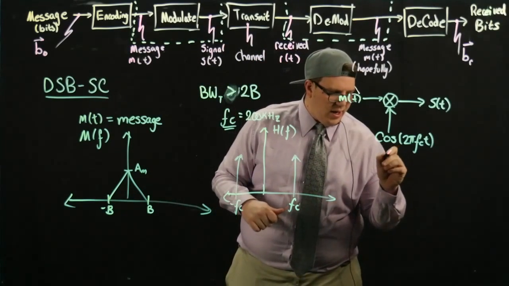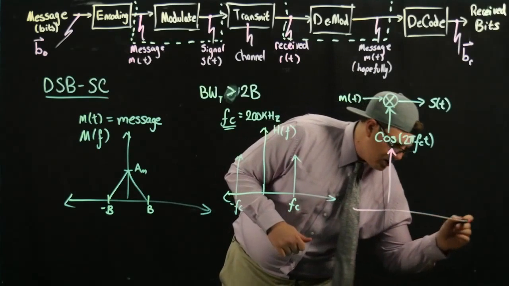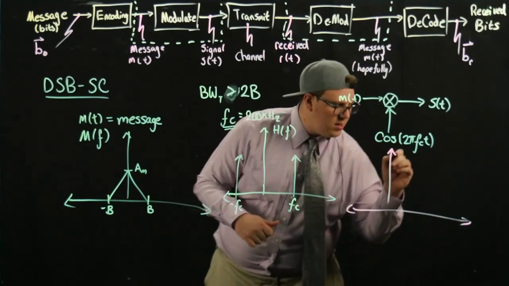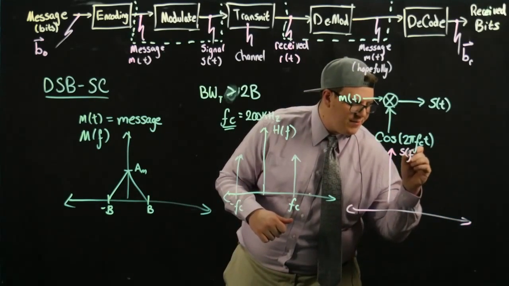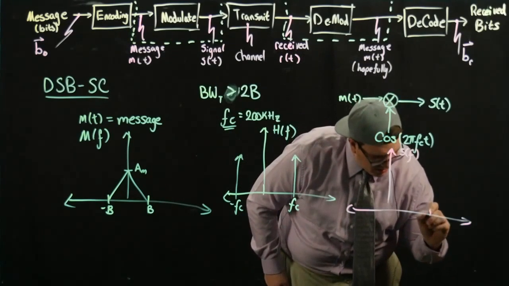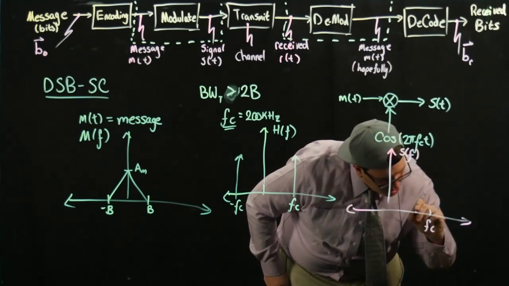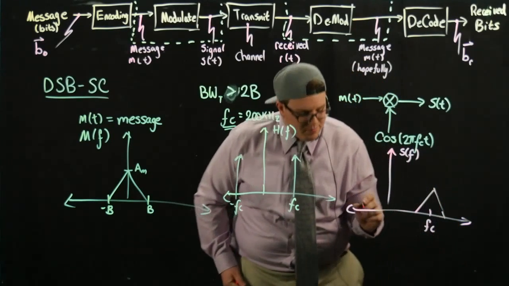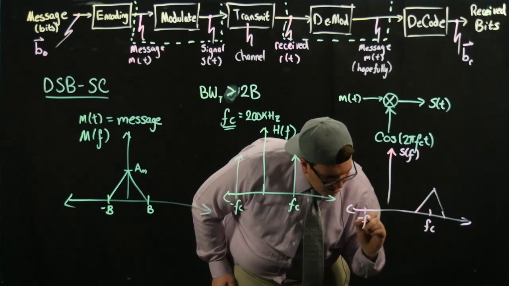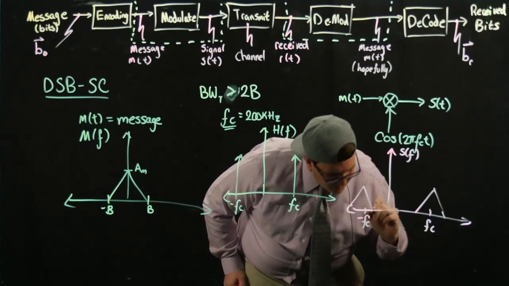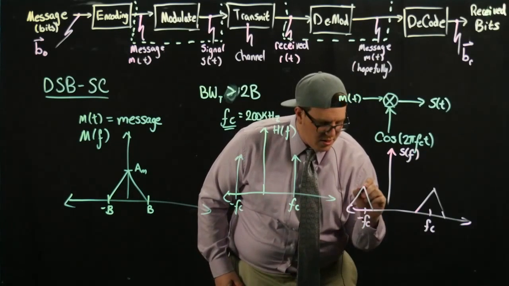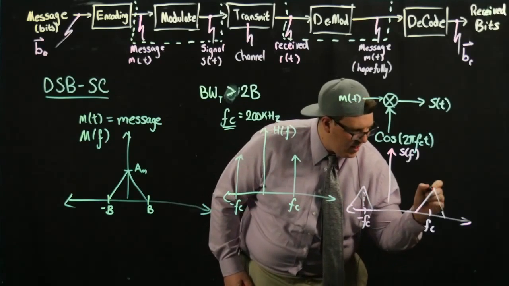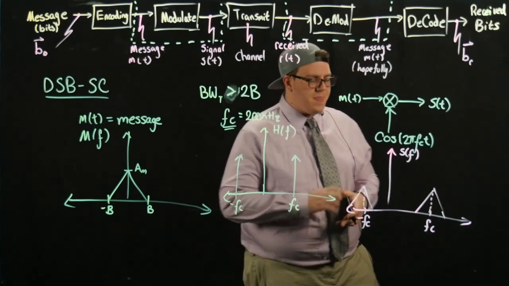Finally, our signal S(f) in the frequency domain is going to look something like this, where we have fc here. This is drawn wildly not to scale, but I'm hoping you'll get the idea. Minus fc, and we get the triangle again. These are centered at plus minus fc.